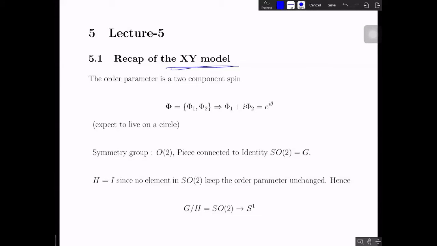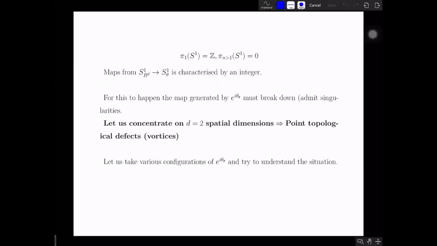Then, just to recap, the order parameter is a two-component vector, which we would almost completely focus on in this representation. And we saw that the order parameter space is a circle, as we expect. Then we would focus on the first homotopy group, pi1 of S1, which is Z, the group of integers, and the other homotopy groups are trivial, so we would not think about them.